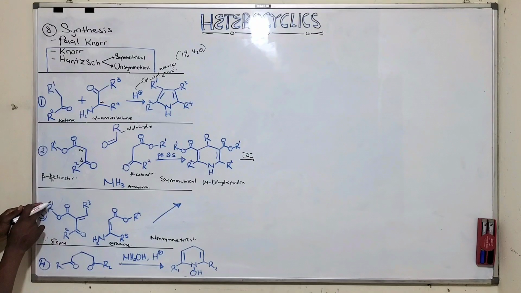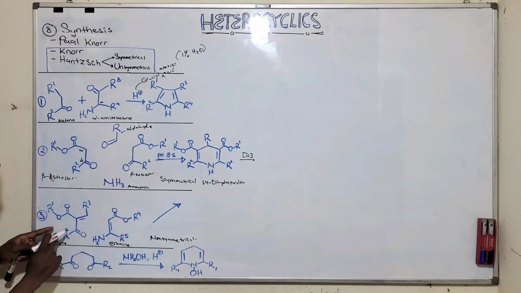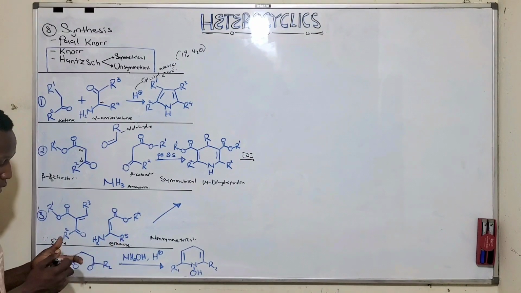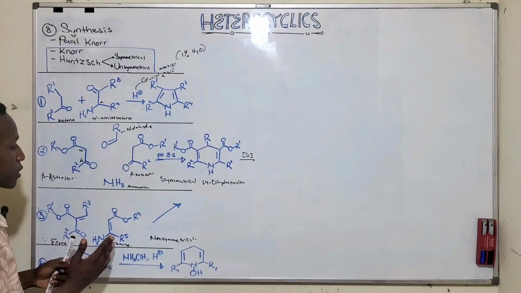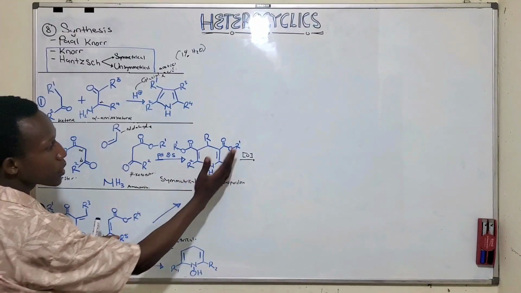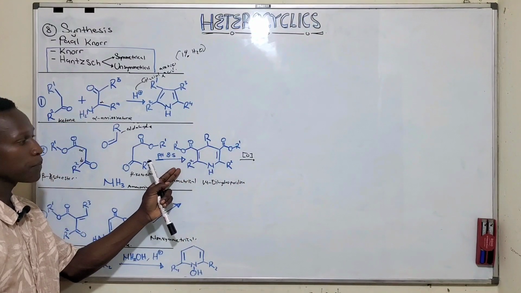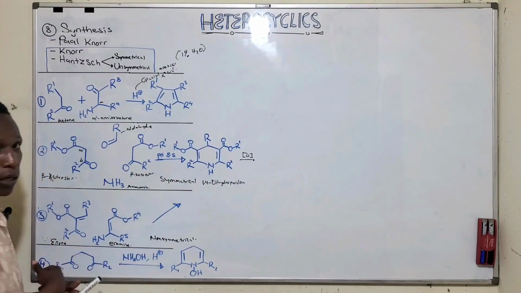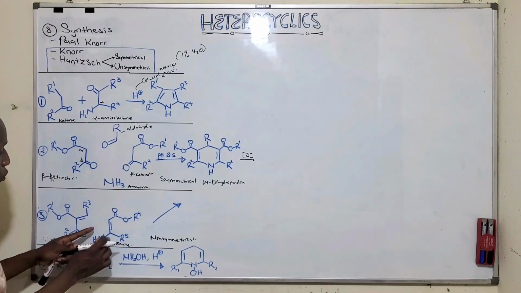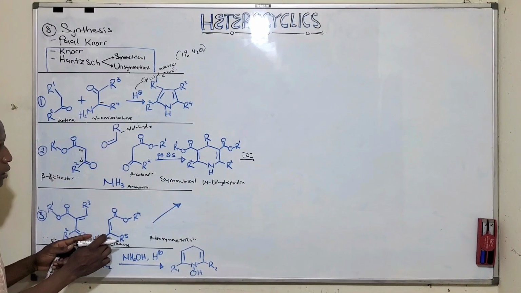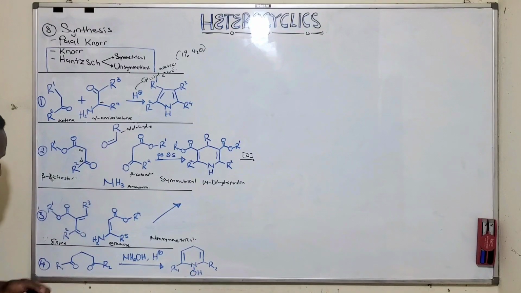So that this one is different from this one and this one is different from this one. So they are not mirror images. This side, in case it is formed, is not a mirror image of this side. You are going to see the mechanism, but these ones should be preformed, not like this one.